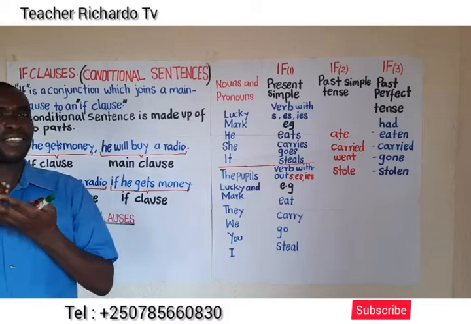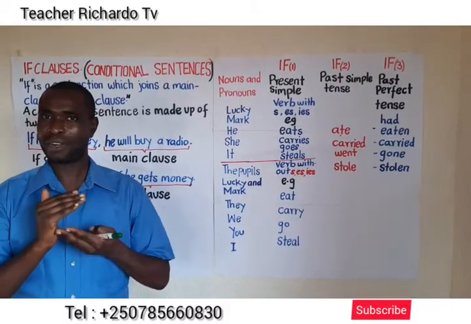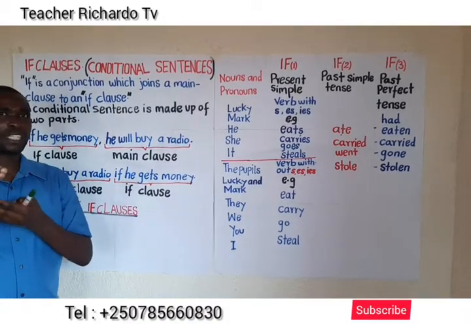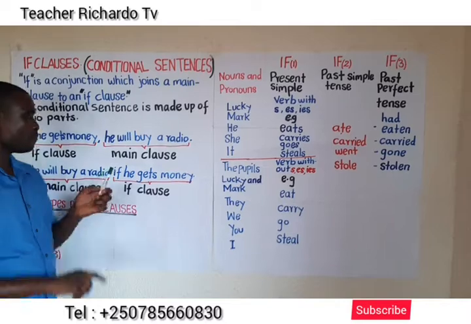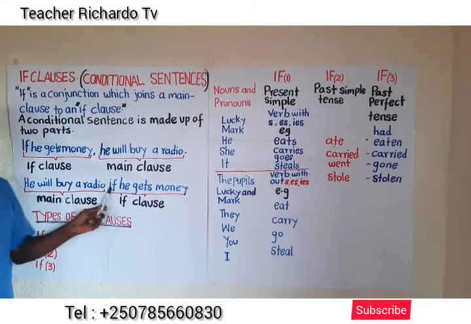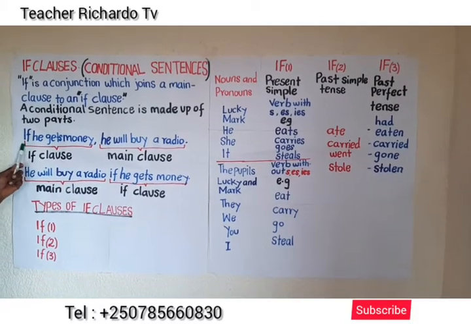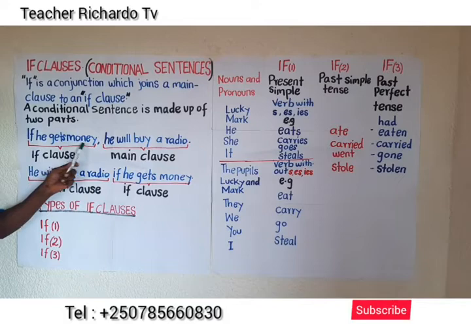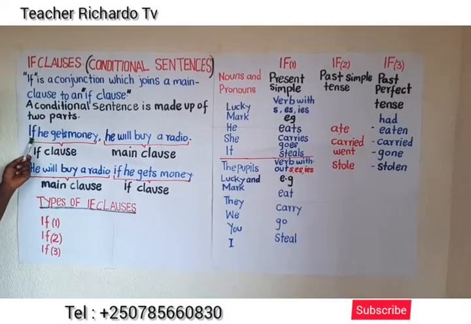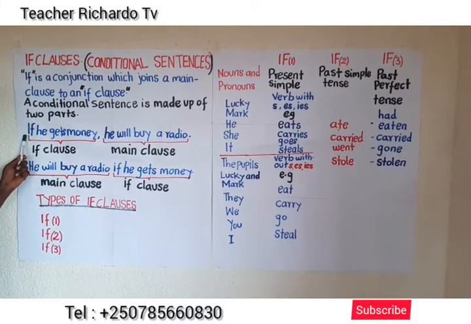When we begin the sentence with the main clause, we shall not use a comma, because if is a conjunction and it has come in the middle of the sentence. But if we begin the sentence with the if clause, we shall use a comma because if is at the beginning of the sentence.